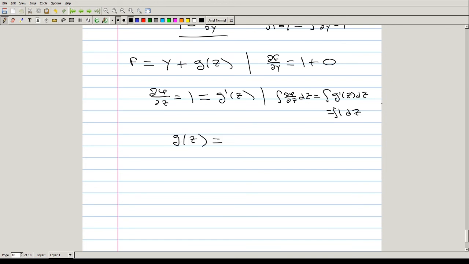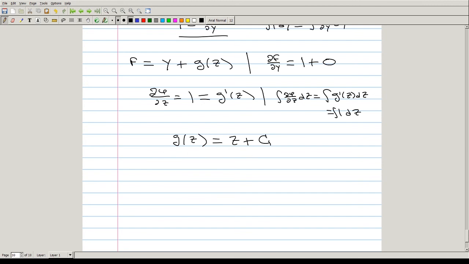And this is going to be equal to the z integral of 1, which is z plus some constant. This is just from calculus 1.